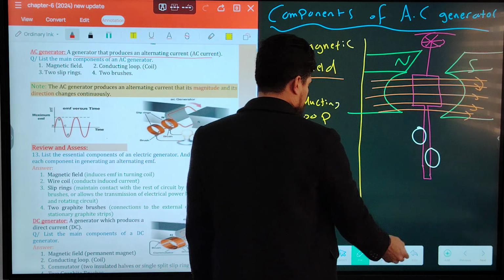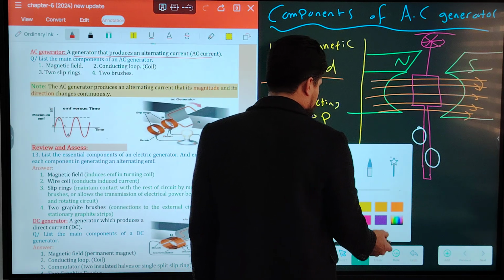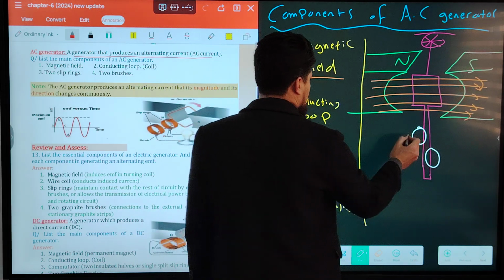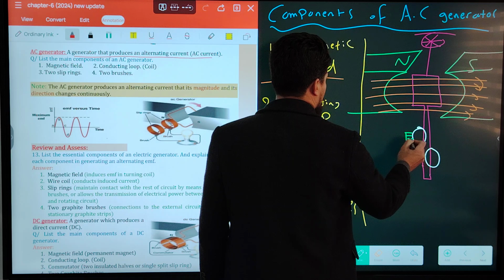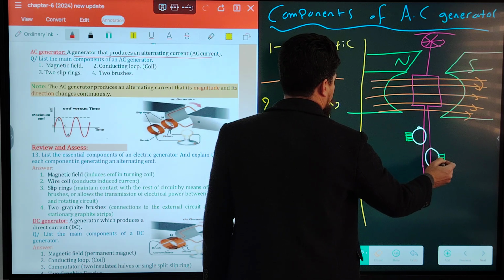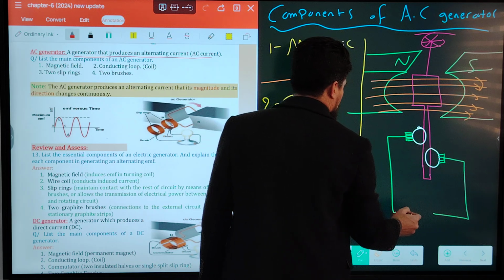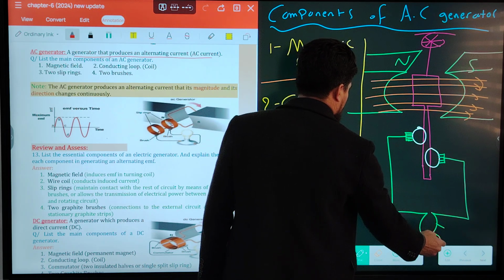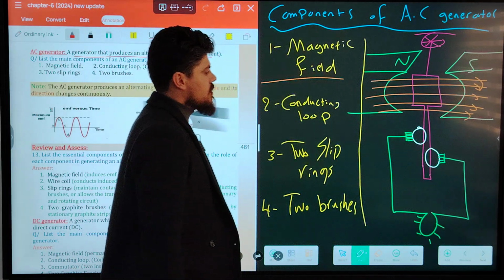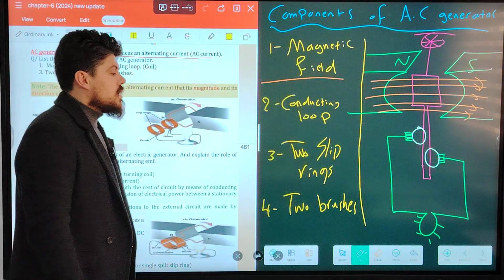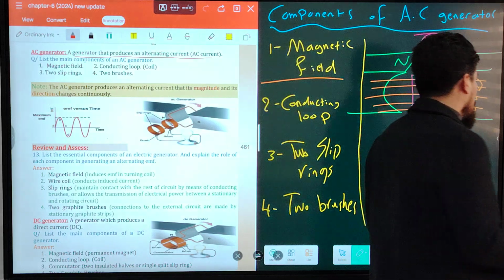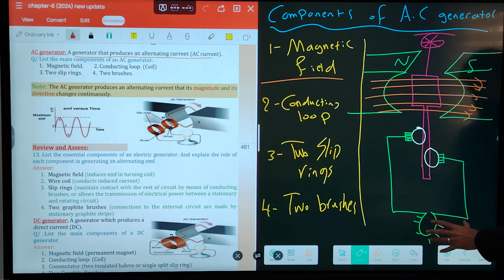These two slip rings are in contact with the two brushes. How many brushes do we have? Two. The two brushes are connected with the external circuit, the light bulb, and they maintain the connection between the external circuit and the internal circuit.